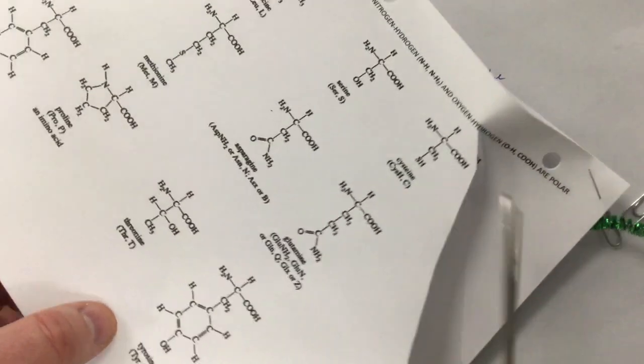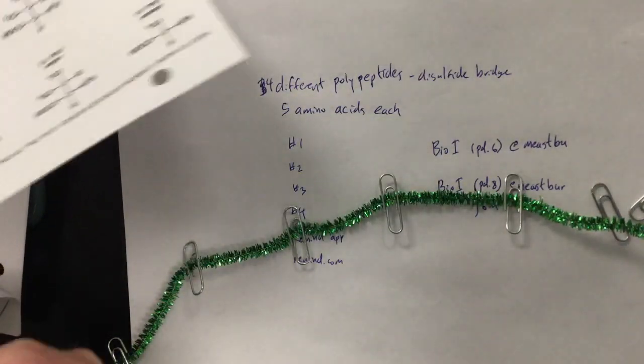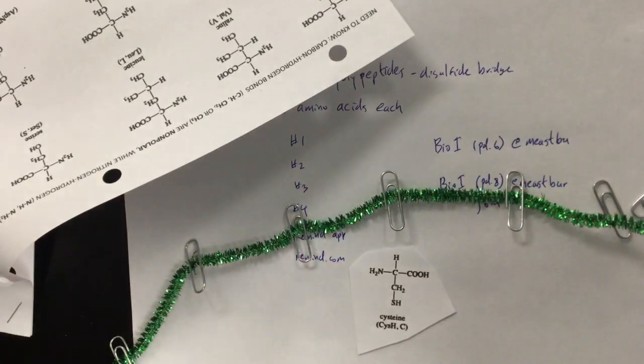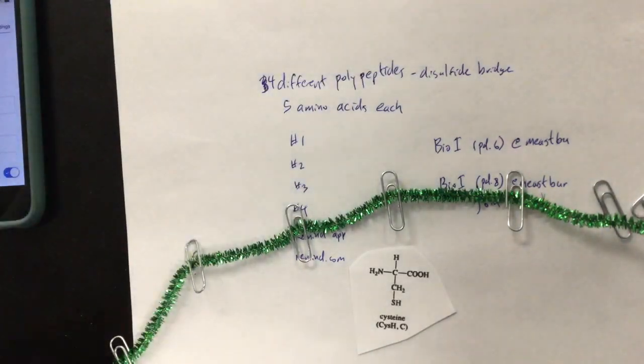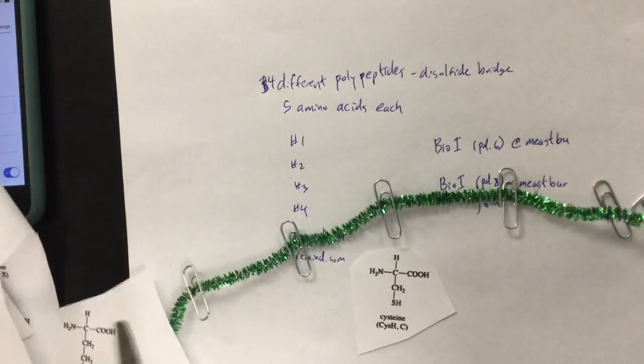Cysteine has the sulfur that can make a disulfide bridge. So on one page, I've cut out 1 cysteine, and on another page, the second page here, I've cut out another cysteine.